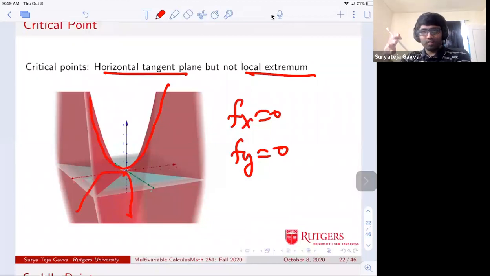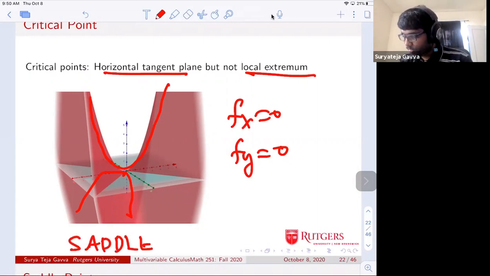Okay, so you can imagine along one axis it's a min, and along another axis it's a max. So that's why it's not a max or a min. Okay, it increases along one axis and it decreases along another axis. So such a thing is called a saddle. Okay, so that is also a critical point.